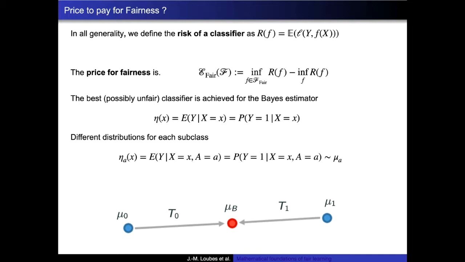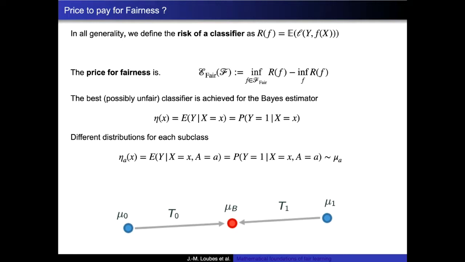So what changed here? Normally you have one Bayes estimator, but here, if I condition my Bayes estimator with respect to the sensitive variable, then in fact I have two best ways of classifying my data, and I can define eta a of x, the Bayes estimator for the class A equal to a.